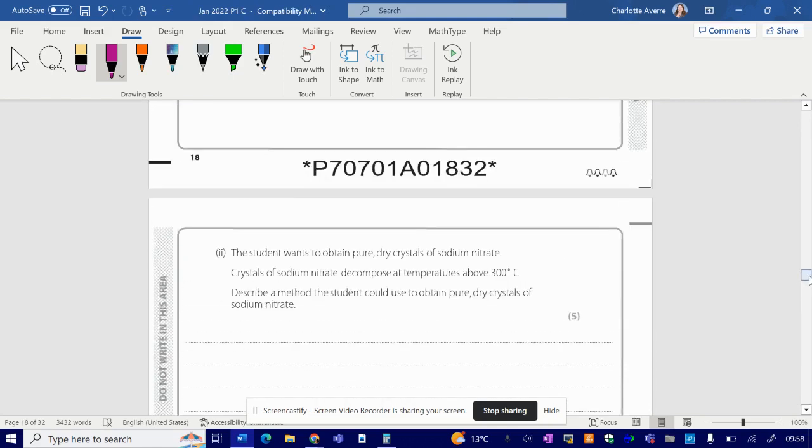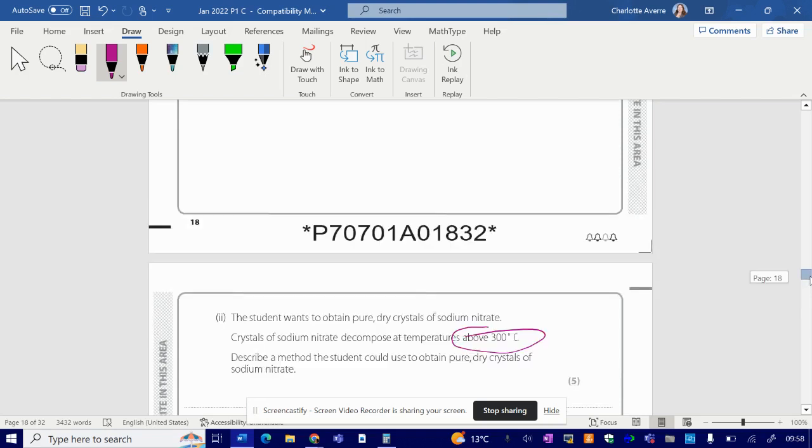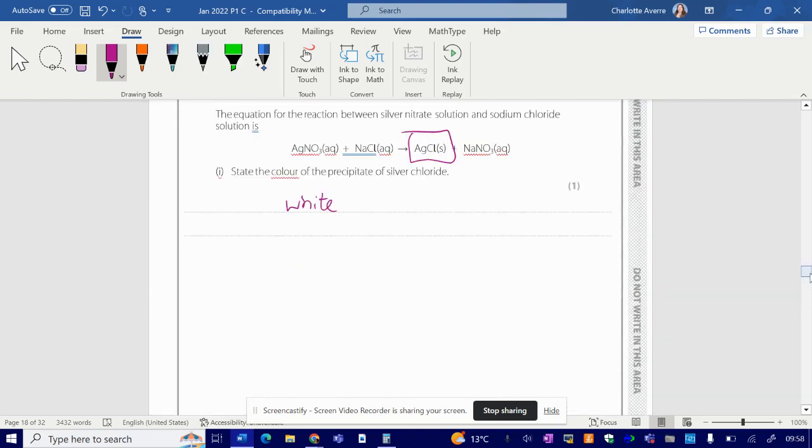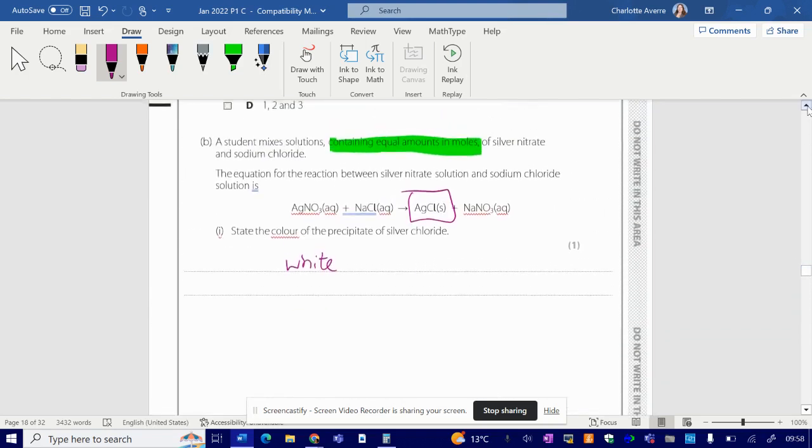Okay, and the student wants to obtain pure dry crystals of sodium nitrate, which decomposes at a temperature above 300 degrees Celsius. Tell me how they're going to do that. Okay, so because the question says that they have mixed together solutions containing equal moles, we are assuming that that has already been done.